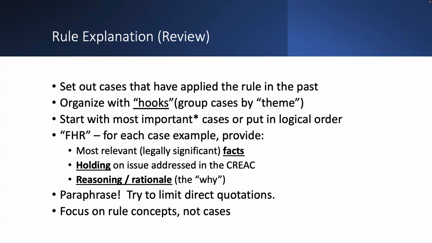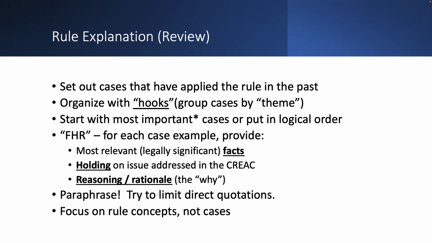So after the hook comes what I just mentioned, an FHR for the case illustration. Your case illustration is doing what I just talked about. It is showing the reader how the courts have applied this portion of the rule. And by doing that, you're explaining how the rule works. So to do that, you do what's called a case illustration, and the case illustration has three parts: facts, holding, and rationale.